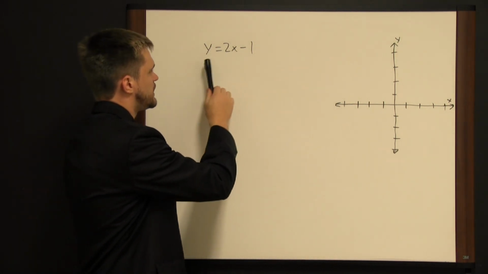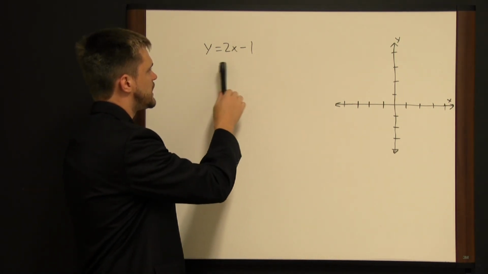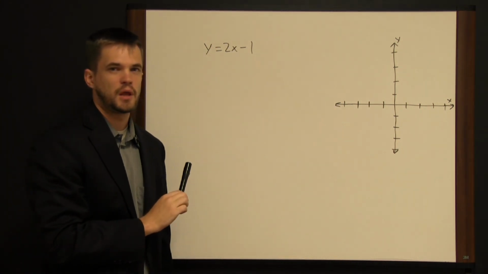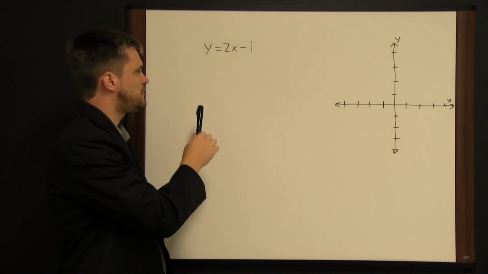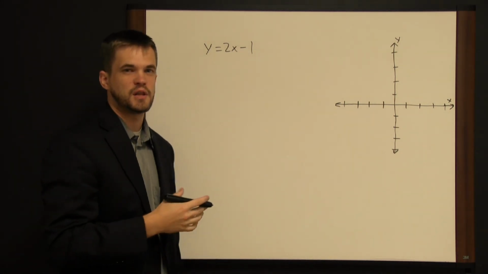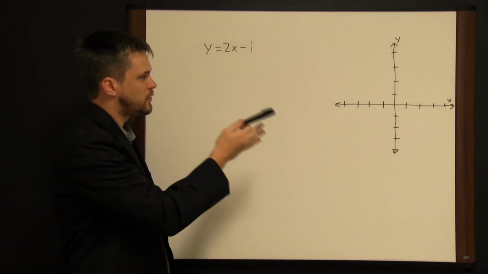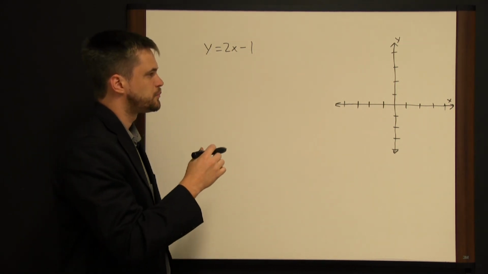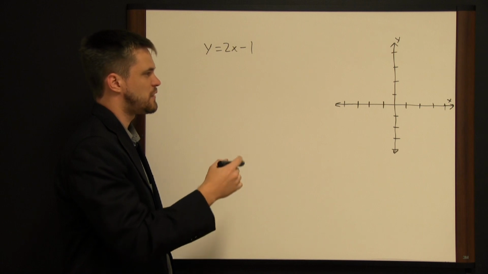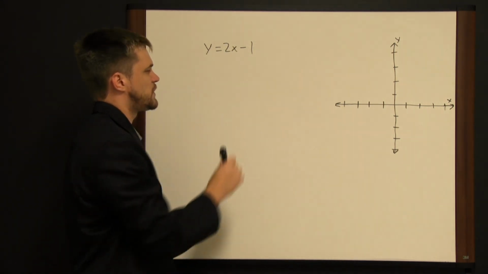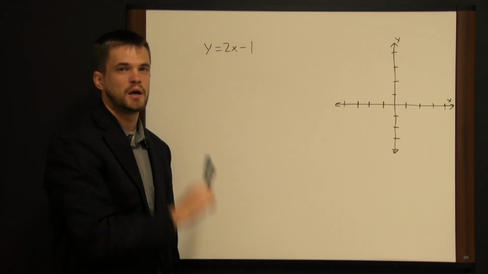And so what you have is, as I mentioned, an infinite set of pairings that satisfy the equation. And we can represent that graphically with a line, because a line extends infinitely in both directions. And so by graphing a line, we can show that any point on that line is a set of values for x and y that will satisfy a given equation.